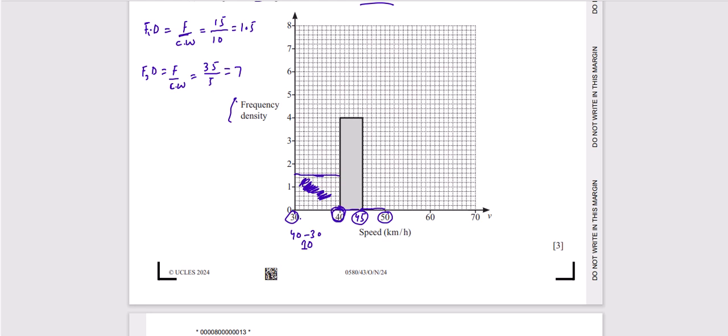So here like this, and draw here, and shade this area.